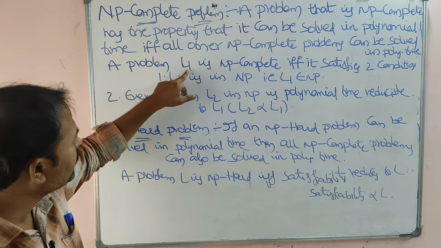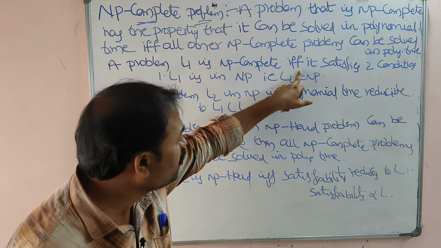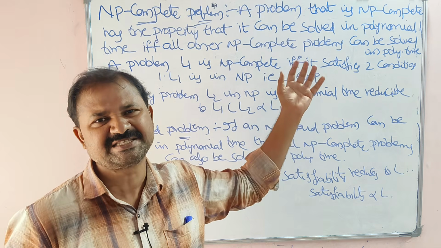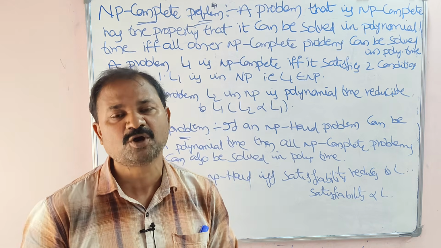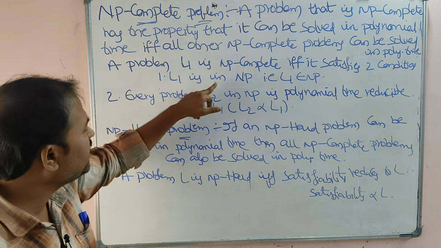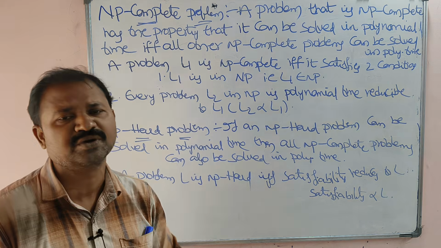A problem L1 is NP complete if and only if it satisfies two conditions. This is another definition for the NP complete problem based on reducibility. First one, L1 is in NP, that is L1 belongs to NP.